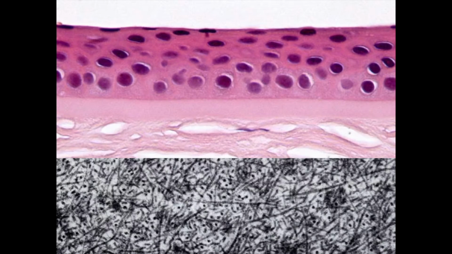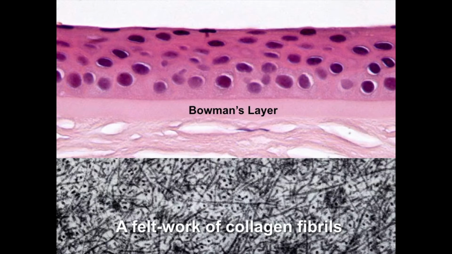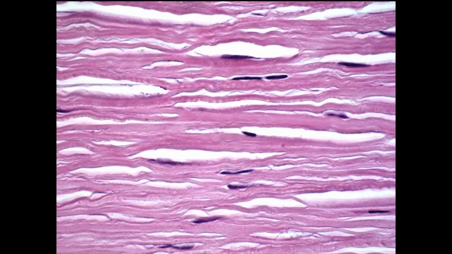The epithelium has a thin basement membrane that usually is inconspicuous in routine sections. The epithelial basement membrane rests on Bowman's membrane or layer, which is an irregular feltwork of collagen fibers shown in the electron micrograph below. The corneal stroma is composed of multiple layers or lamellae of collagen fibers.